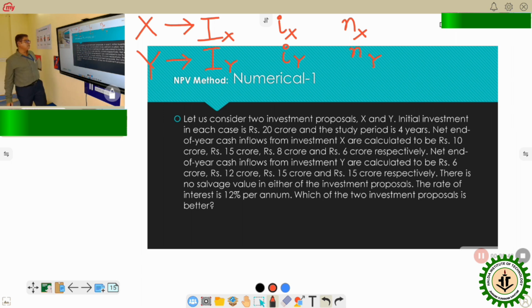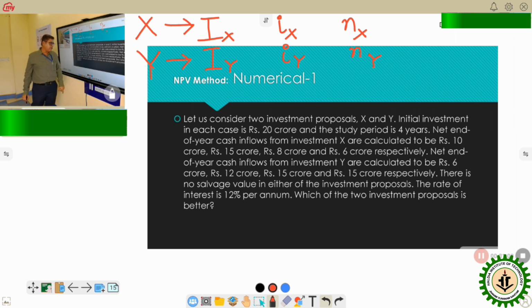Now in this problem, both the investments X and Y are 20 crore. That means the value of the investment for both the cases X and Y is 20 crore. And the study period is 4 years. It is also same. The end of year cash flows are provided and let us see whether the interest rate is same.